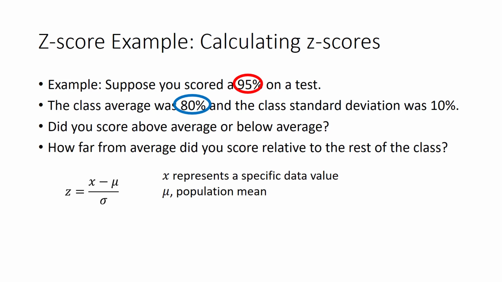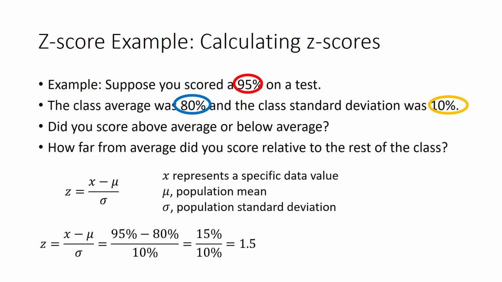We'll treat the rest of the class as a population, and the population mean was 80%. So our mu, or population mean, is going to be 80%. Then we have our population standard deviation, and again, that would be 10%. When we put that all together into an equation, we find that 95 minus 80 is 15.